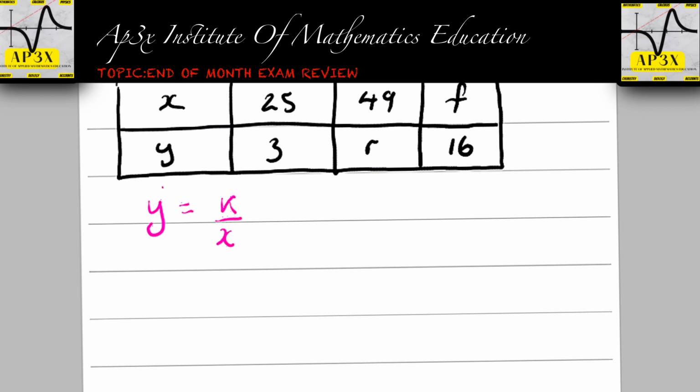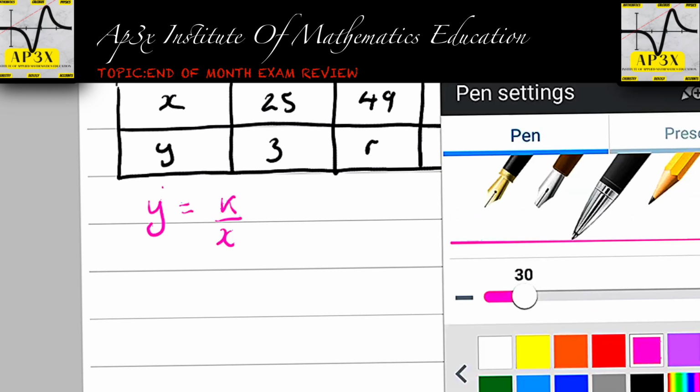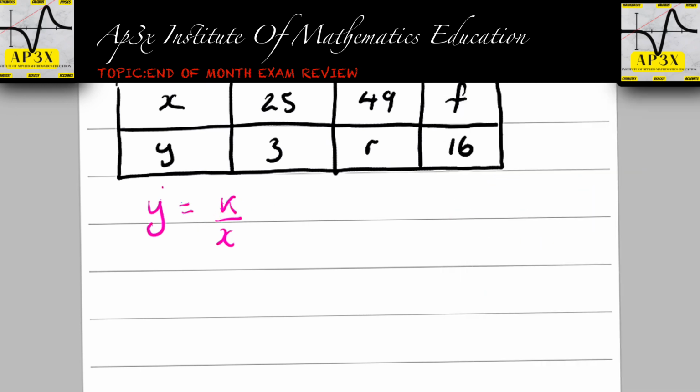I saw many different types of equations on many papers that I've marked: k is equal to x times y, k is equal to y over x, k is equal to x over y, just different variations. And most times when you find a student not having this very basic knowledge, it is simply because much more time was spent on memorizing the topic as opposed to practicing the questions.